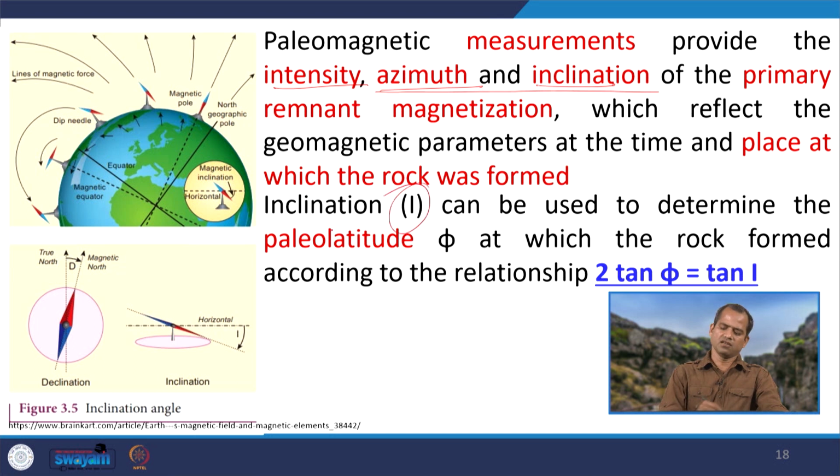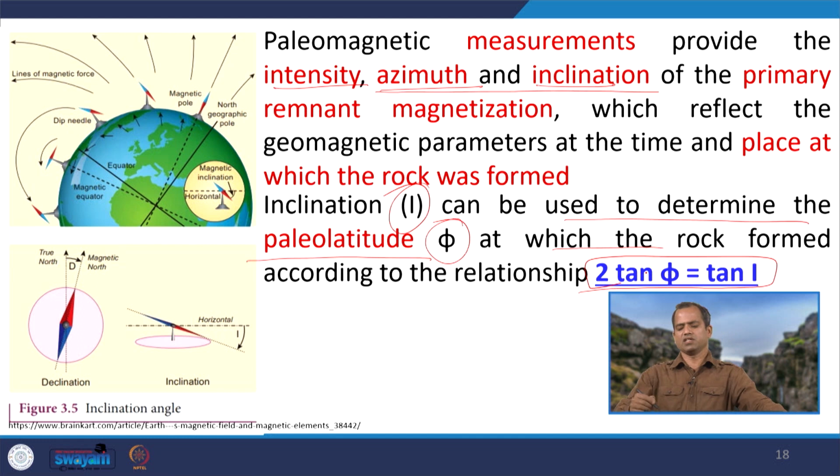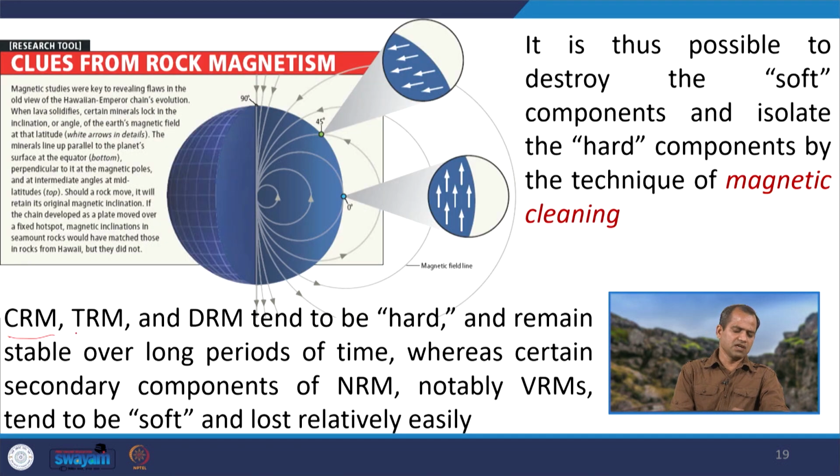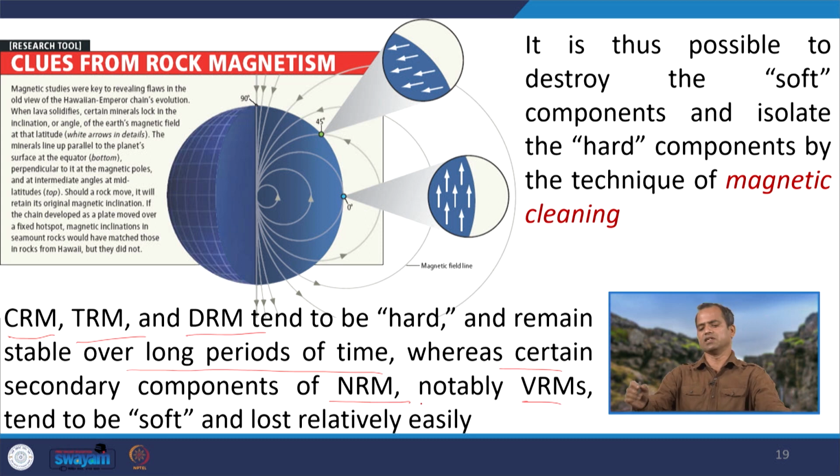Inclination I can be used to determine the paleolatitude, phi, with the formula 2 tan phi equal to tan I. So with this formula we can calculate which geographic region it was formed in. The CRM, TRM and DRM tend to be hard and remain stable over long periods of time, whereas certain secondary components of NRM, notably the VRM, are soft and are lost relatively easily.